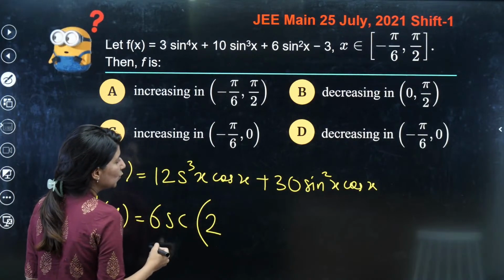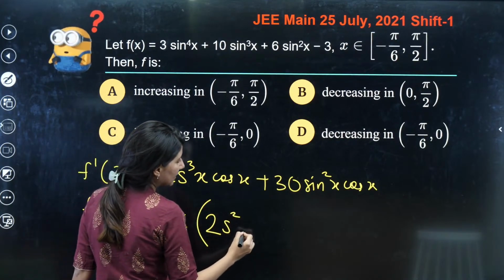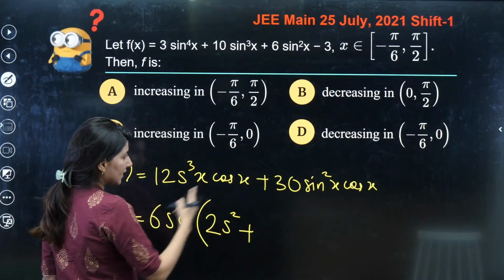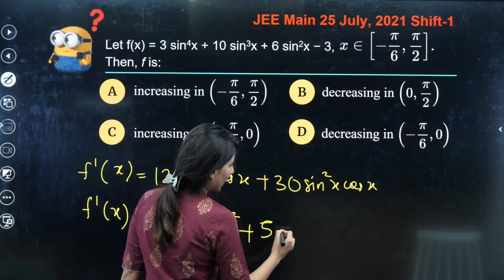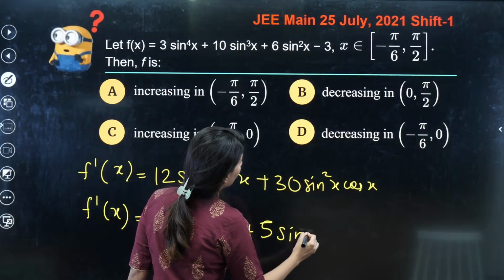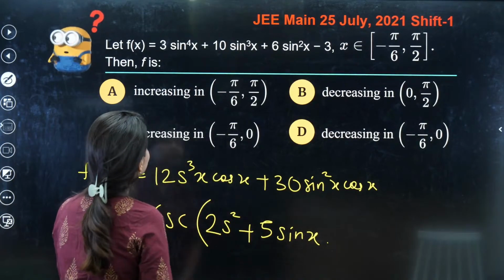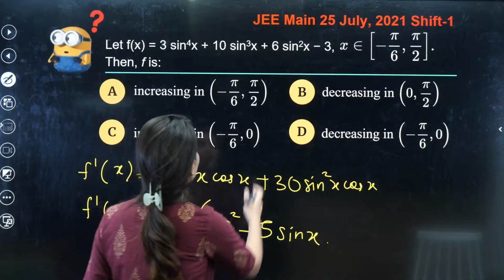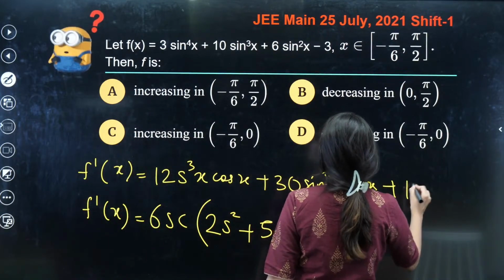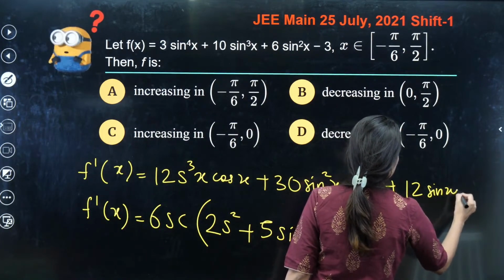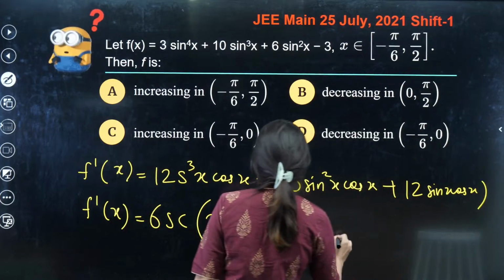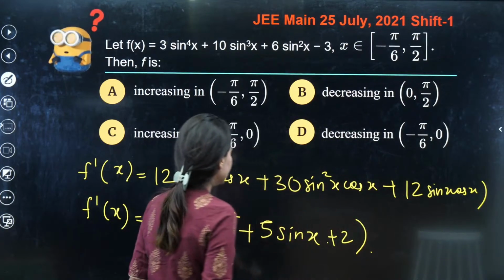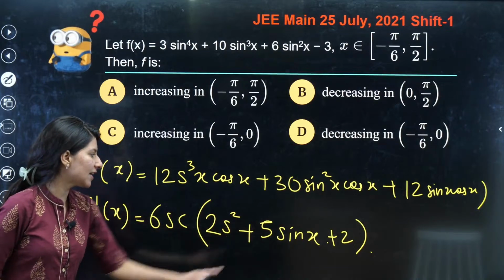This will become 2 sin square x. Then we have plus 6 5s are 30, so plus 5 sin x. Okay, I forgot this. 6 2s are 12 sin x cos x. So plus 2. That's it. 2 sin square x plus 5 sin x plus 2.